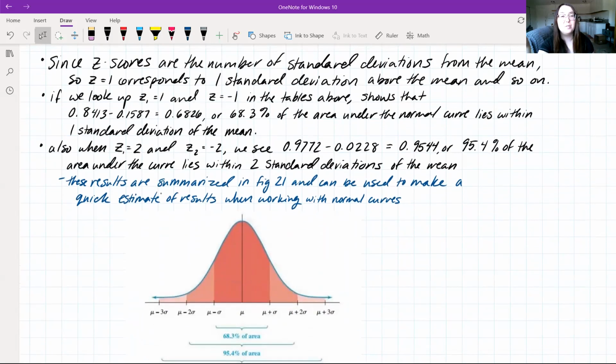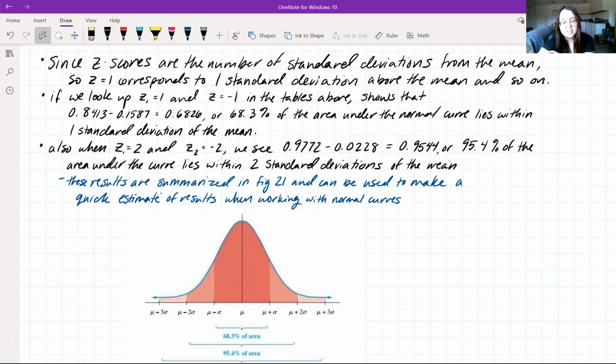All right, moving on a little bit. Since z-scores are the number of standard deviations from the mean, z = 1 corresponds to one standard deviation above the mean, then z = -1 would be one standard deviation below the mean, and so on.